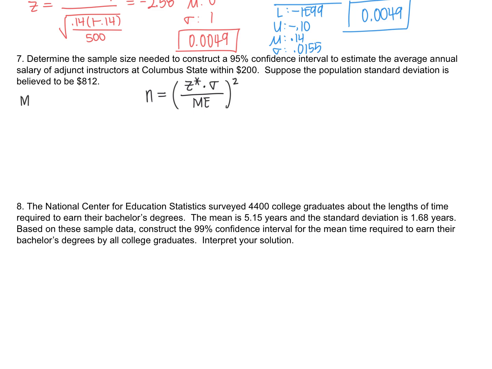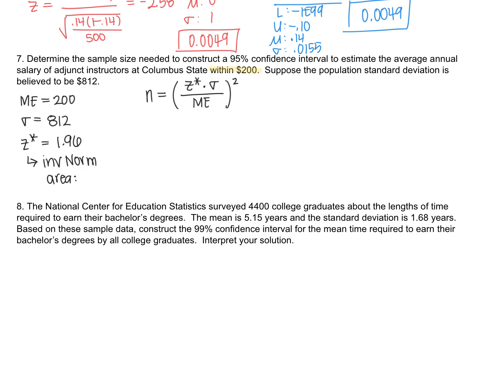So when I pick out that information from my problem, my margin of error is 200 because it comes from the statement within $200. Our standard deviation is 812, and then our z critical value is going to be 1.96. And in order to get that, you go to INV norm, and then your area is the remaining percent to 100 divided by 2 as a decimal.